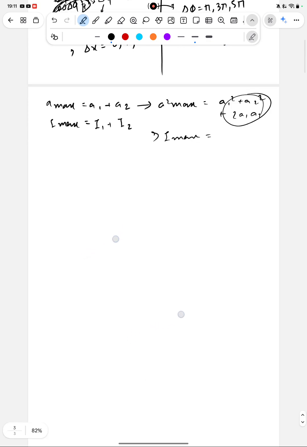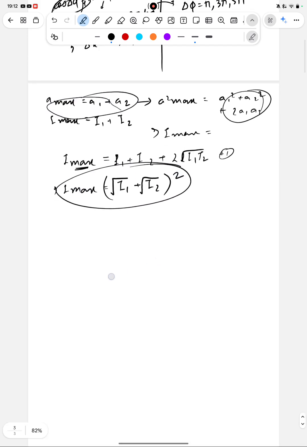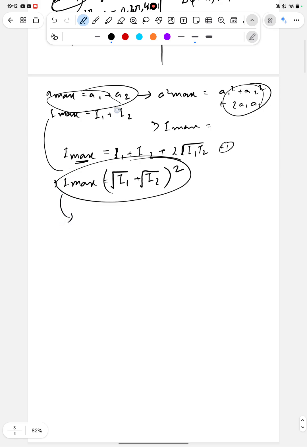Rather, we can do it in a simple manner. I max equals I1 plus I2 plus 2 root I1 I2, and cos phi is of course plus 1 as we are taking I max. Then I max can be written as root I1 plus root I2, whole square. This is the formula.